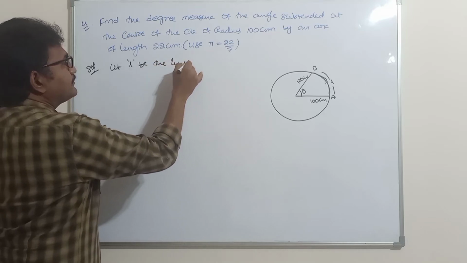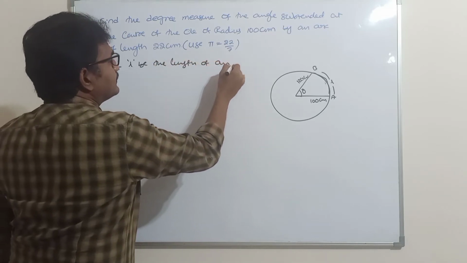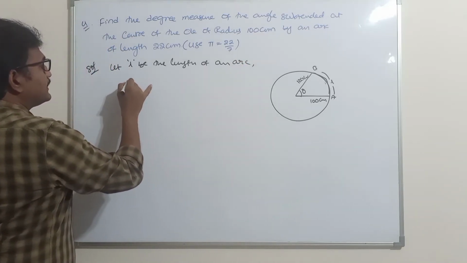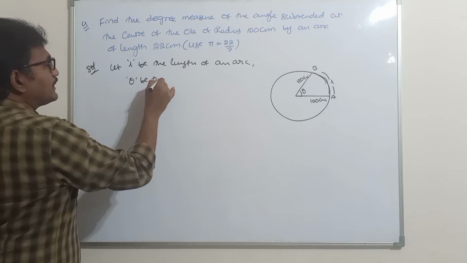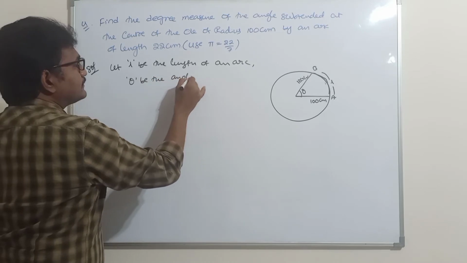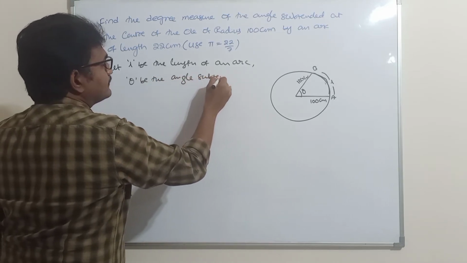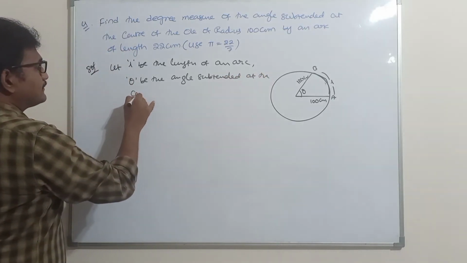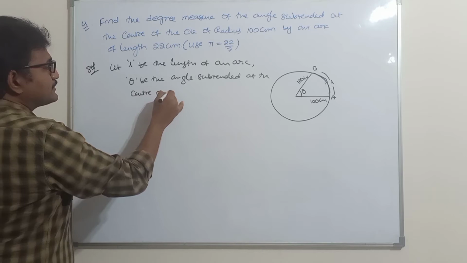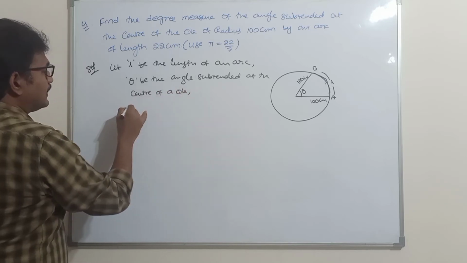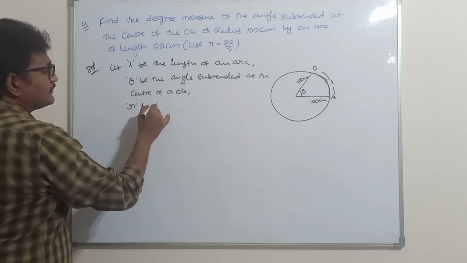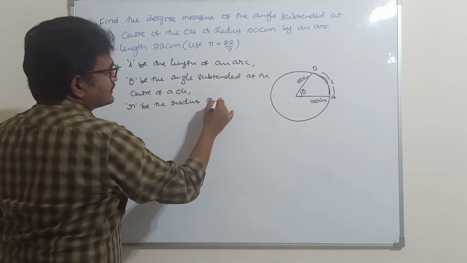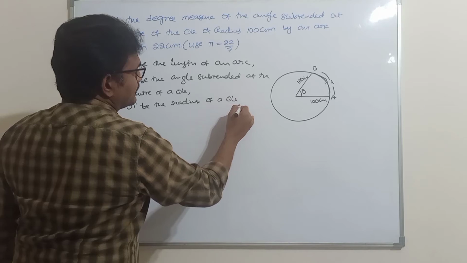Let L be the length of an arc, theta be the angle subtended at the center of a circle, R be the radius of a circle respectively.